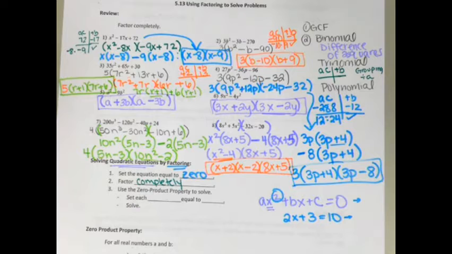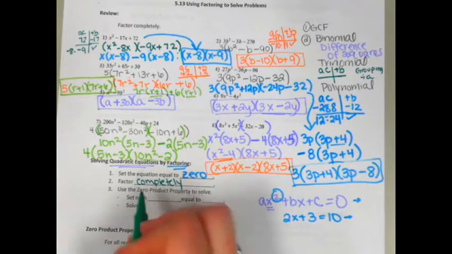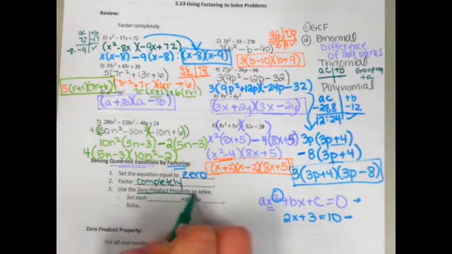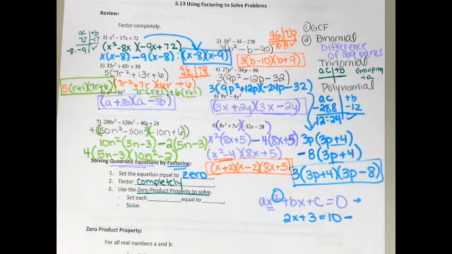So what we just did, GCF. And then if it's a binomial, is it a difference of 2 squares? If it's a trinomial, your A times C, all of that fun stuff. Then we're going to use this 0 product property to solve. Okay. And what is the 0 product property?